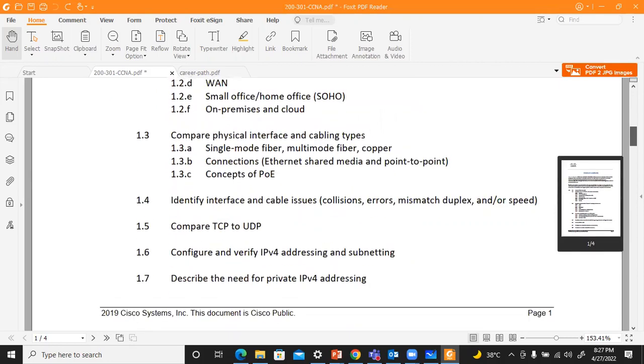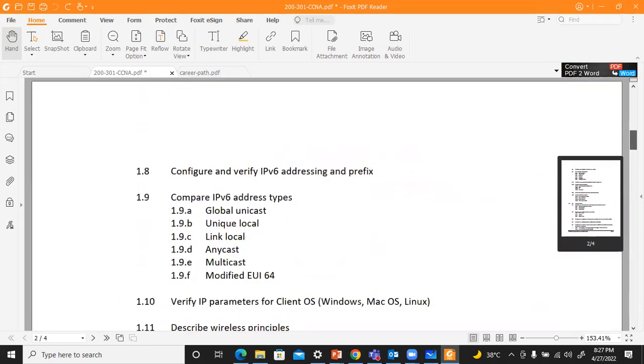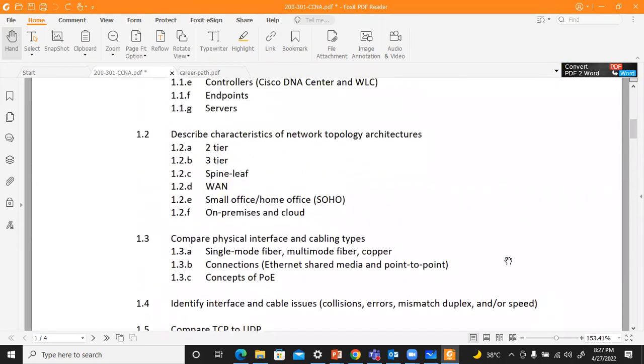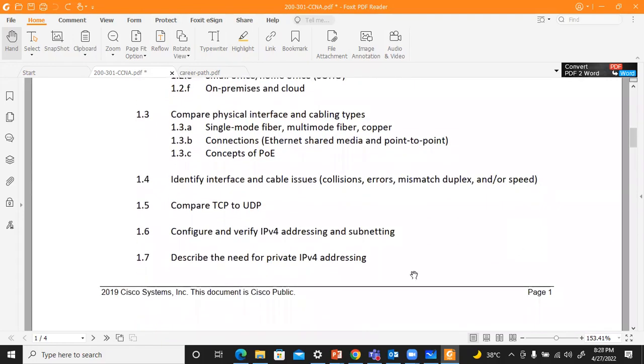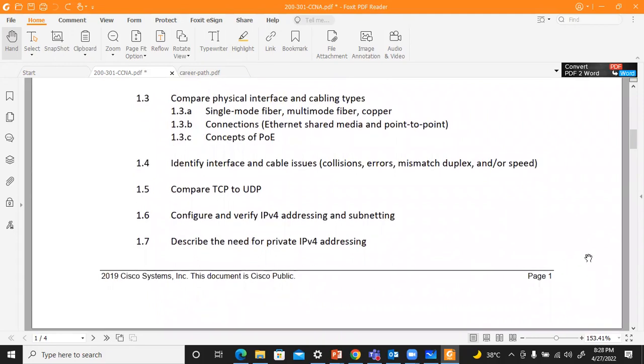Then there are different architecture types, that is 2-tier architecture, 3-tier, spine and leaf, WAN, SOHO, on-premises, and cloud. Then the cabling types, which remain the same. Then physical interfaces, cabling types, interfaces cabling issues, TCP/IP, which is the same, IP addressing and subnetting, which is again the same.